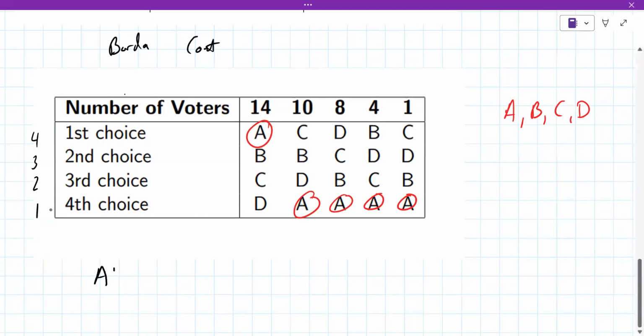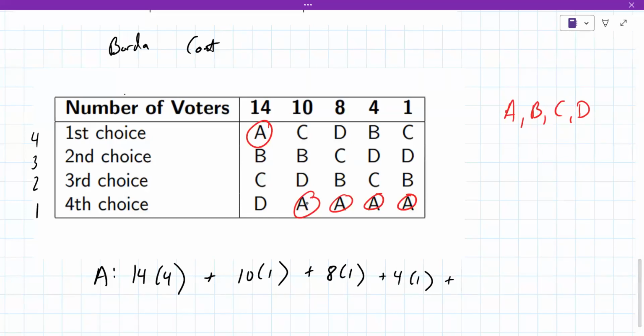So A, for example, got 14 times 4 for this first position, plus 10 votes times 1 for the last position, plus 8 votes times 1, plus 4 votes times 1, plus 1 and 1. So you have to label the point, it's like a weighting kind of thing, times this based on where it's at.